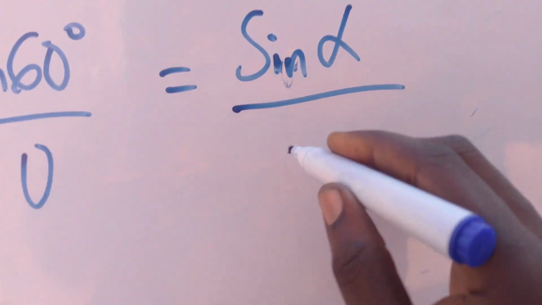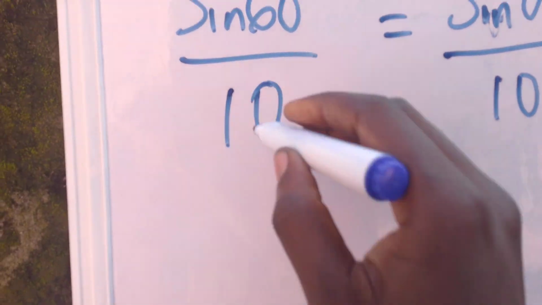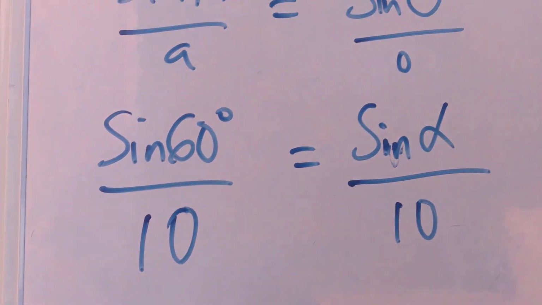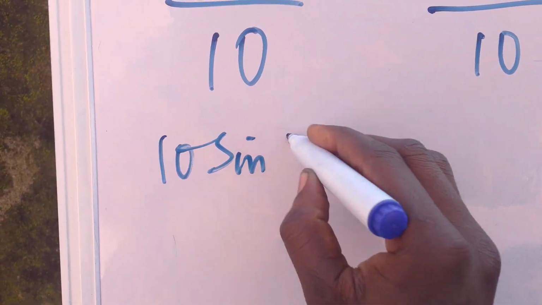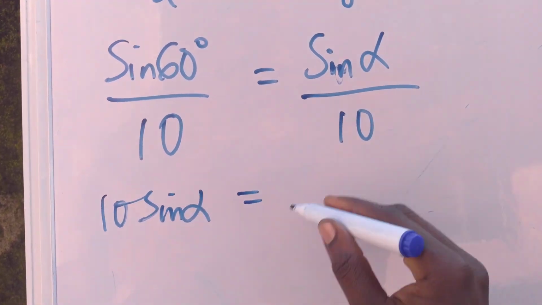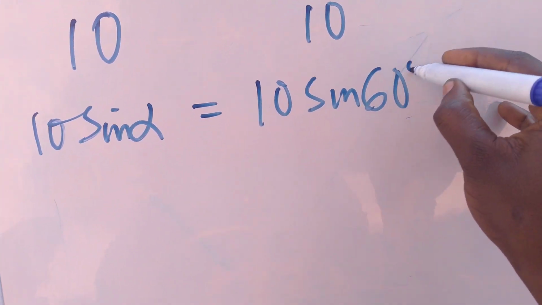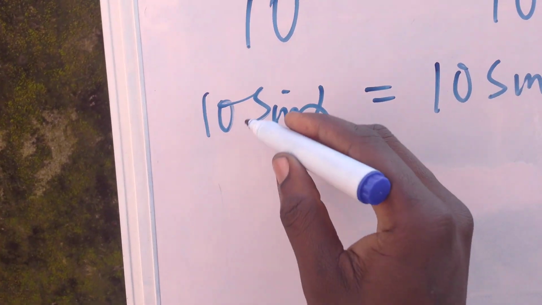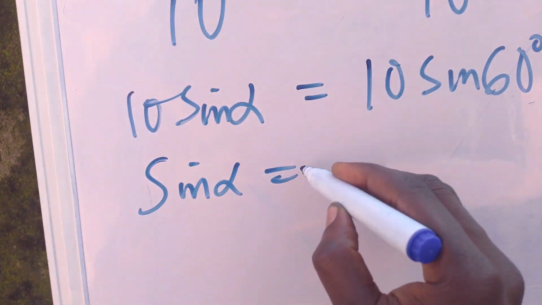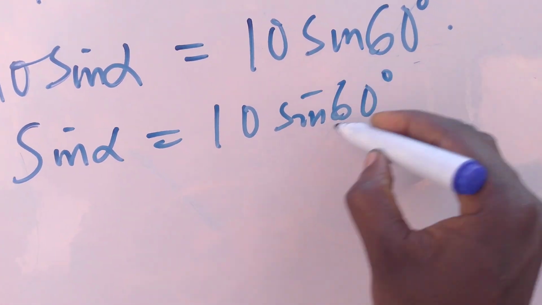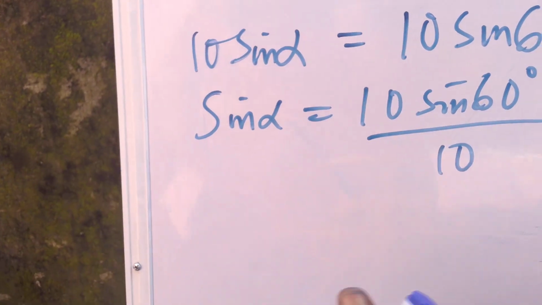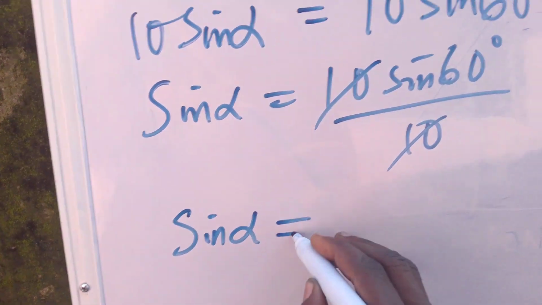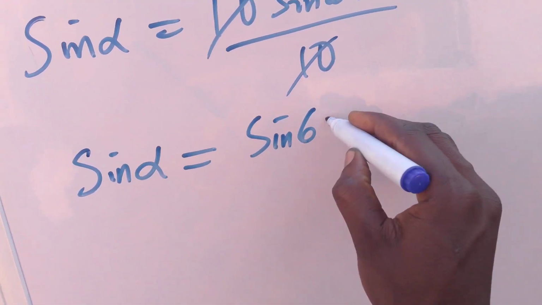When you cross multiply, we have 10 sine alpha equal to 10 sine 60 degrees. Then sine alpha equals 10 sine 60 over 10. You divide by the coefficient, 10, so this cancels out and sine alpha equals sine 60 degrees.